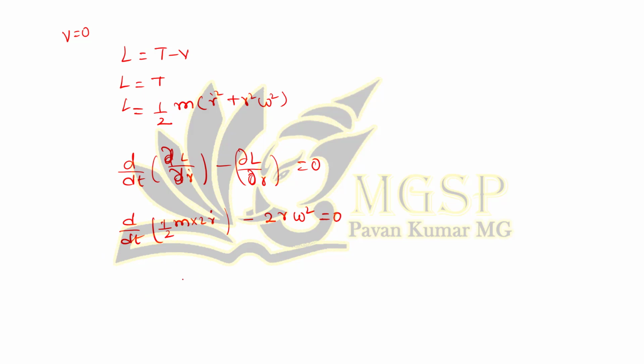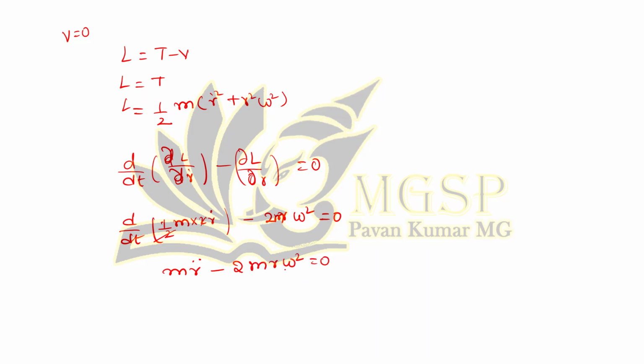Again differentiate with respect to t, we get m r double dot minus m r omega square is equal to 0.